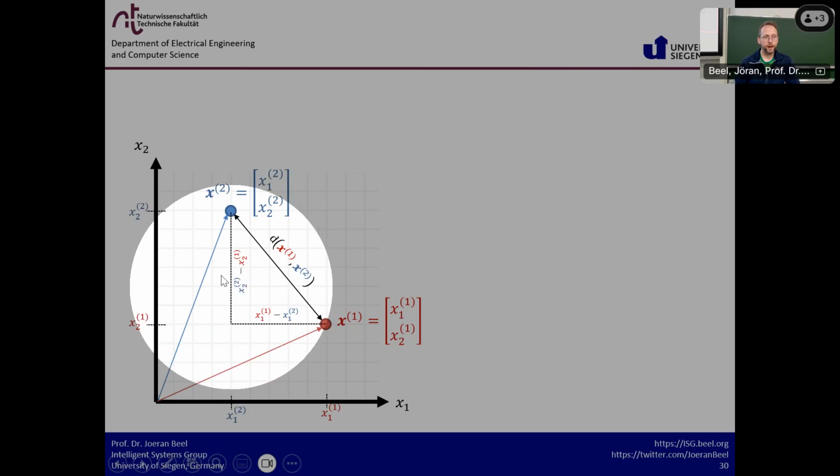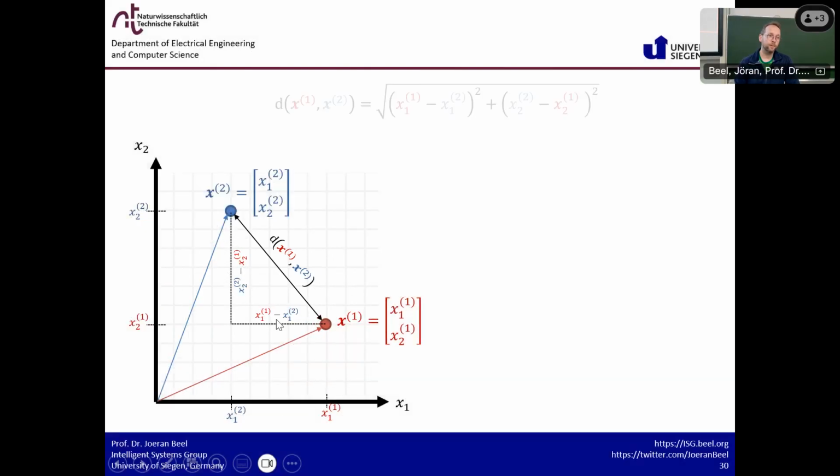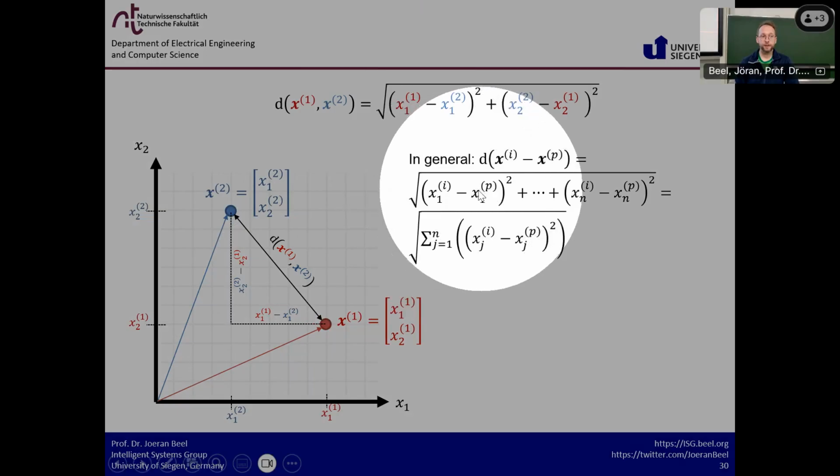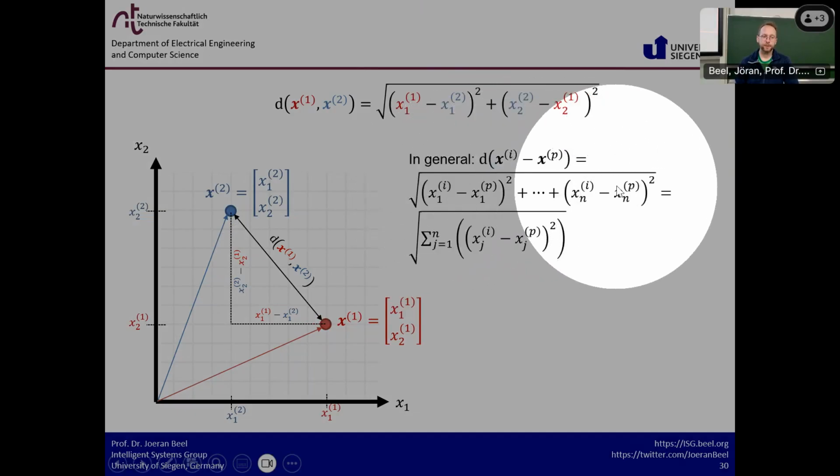So if we square this and we square this and take the square root, we just have the distance in the vector space. And again, for an n-dimensional vector space, it's the same. You just take all the differences between all the dimensions, square them, sum them up, and take the square root.